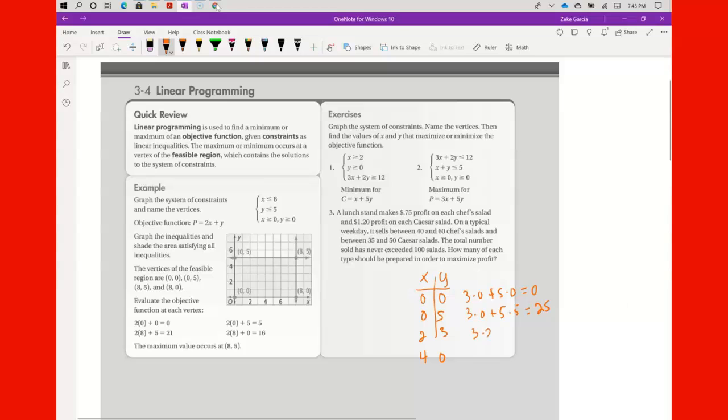Then you have 3 times 2 plus 5 times 3, which gives you 15 plus 6 is 21. 3 times 4 plus 5 times 0 gives you 12. So the ordered pair that's going to give you the maximum is (0, 5).